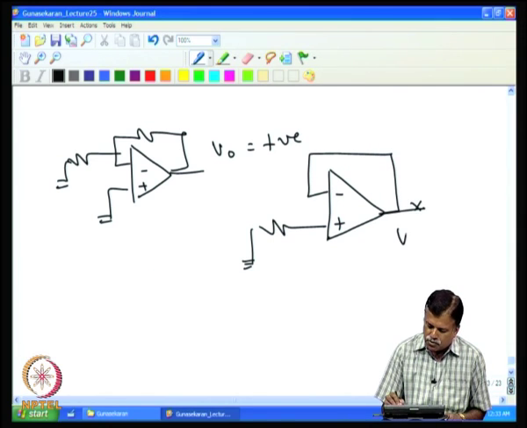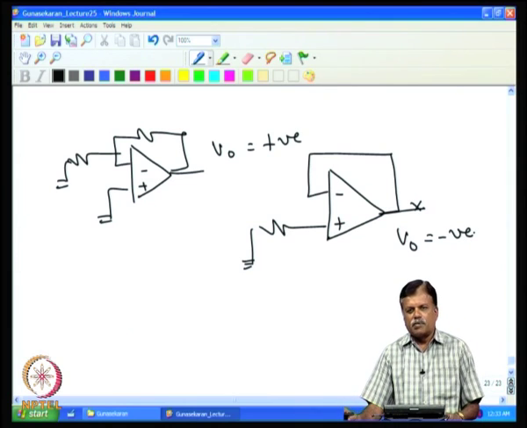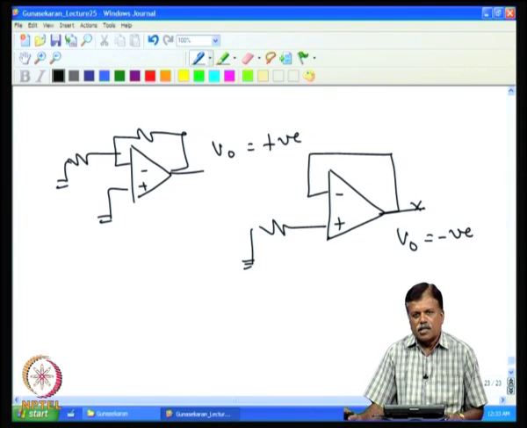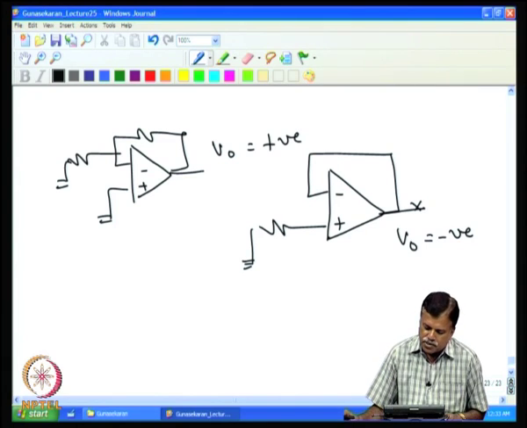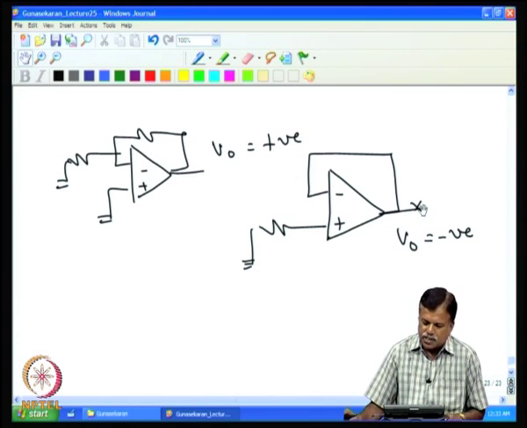Now, the V output is minus voltage. So, the plus terminal bias current produces a negative error, and the minus terminal bias current produces a positive error, in the sense output is positive in this case, the output is negative in this case.